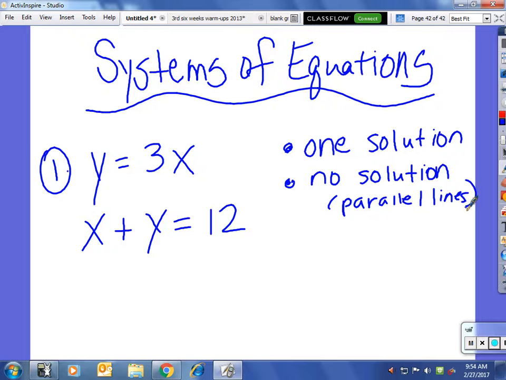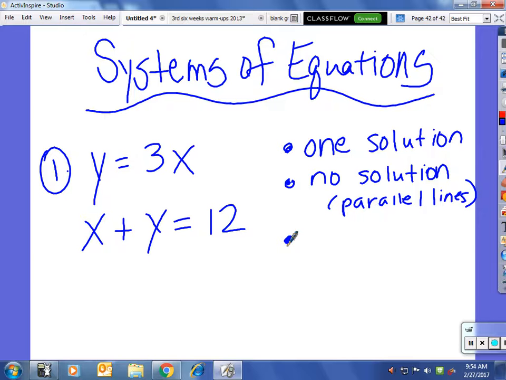And there is one third case, and that involves, do you see all those different forms of lines I have over here on the board? We got standard form, point slope form, slope intercept form. They could give you two lines in different forms that look like different lines, but then when you try to graph them, they end up being the exact same line. Guess what happens then?